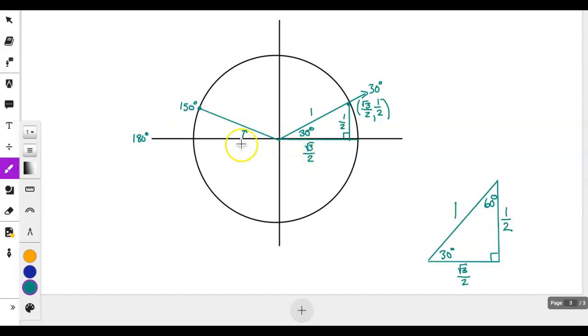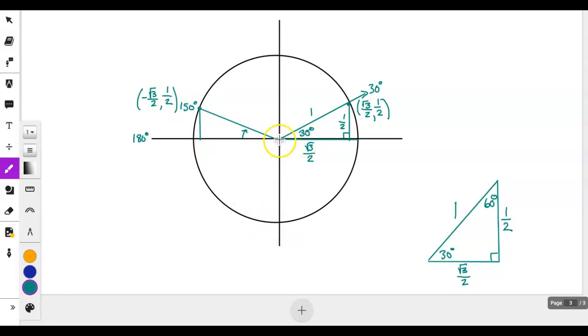If I mimic what I did over there, these would be equal. So this distance here is √3 over 2, and this distance here is 1/2. So this ordered pair would be, now we're going left, so negative √3 over 2, and the y coordinate, we're going up, so it would still be positive 1/2.